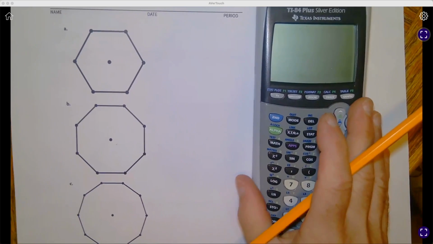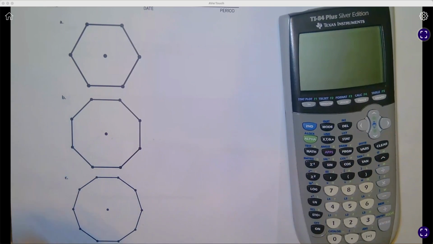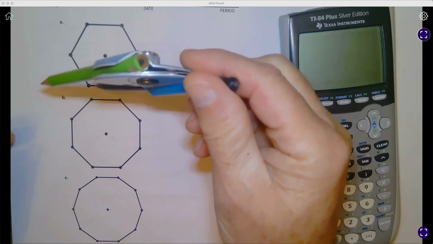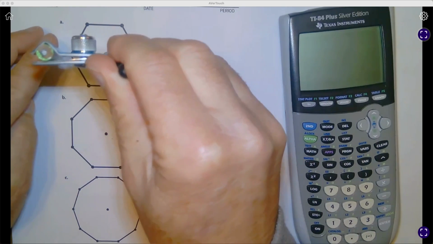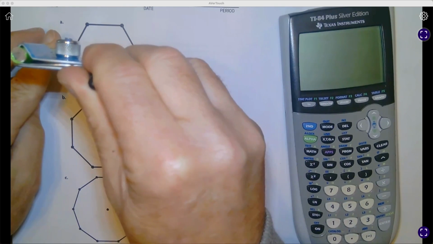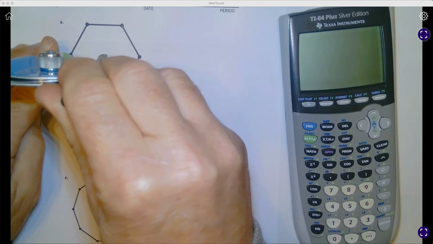Okay, so I'm going to go back up here, and I'm going to use my compass. And I'm going to go to the center of my polygon. This is a hexagon because it has 6 sides. I'm going to find the radius or distance to the vertice. And then I'm going to draw that circle.